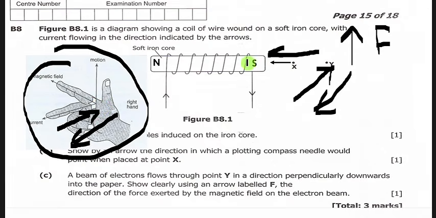So this is south, it is going like that. When you shift this one or bring it here, you find that these fields are going into the page, because if the current is going like that, then the electrons go like that. So when you push it like that, electrons will be going like that, then it will move upwards.